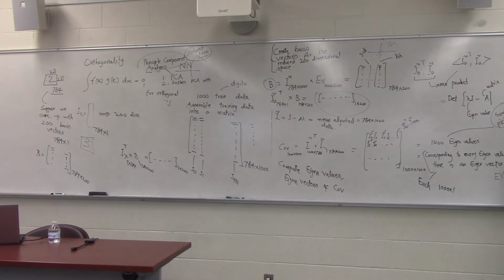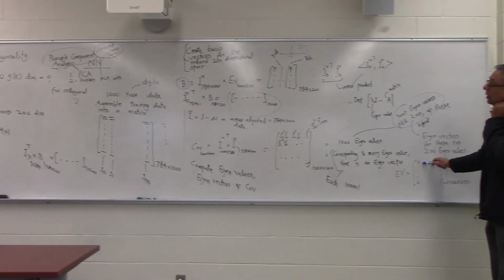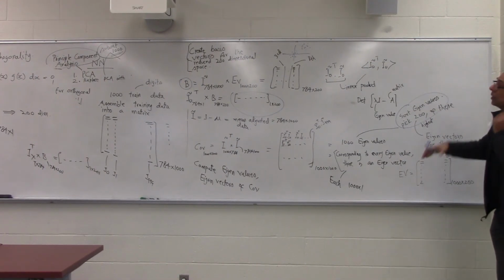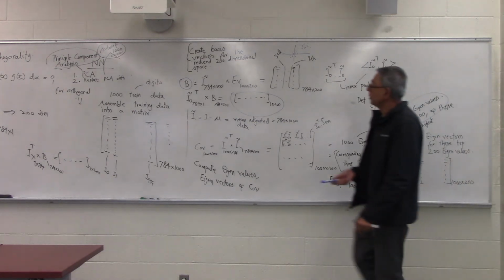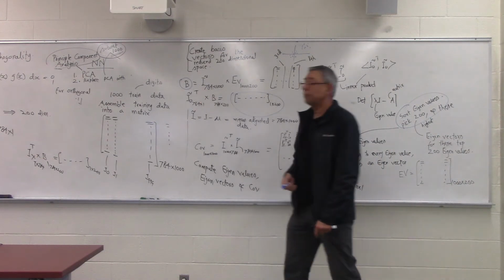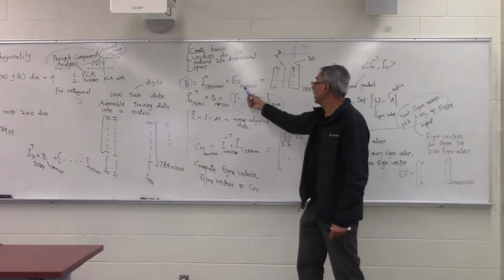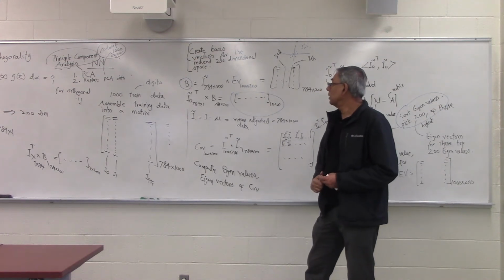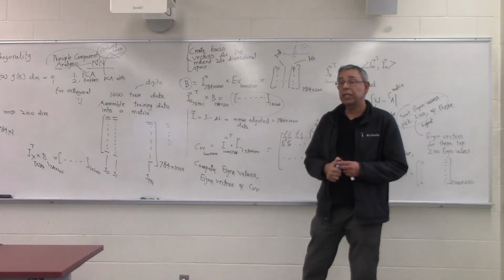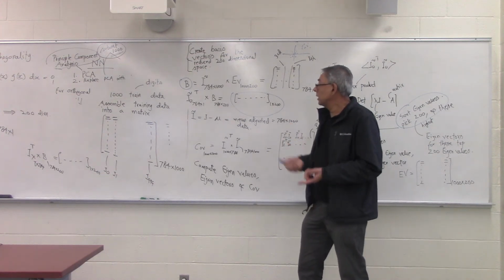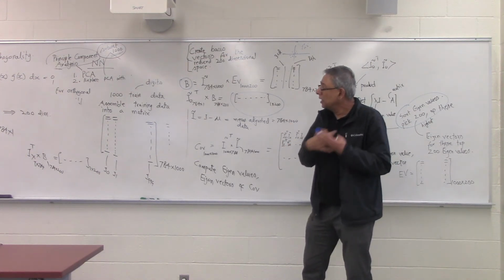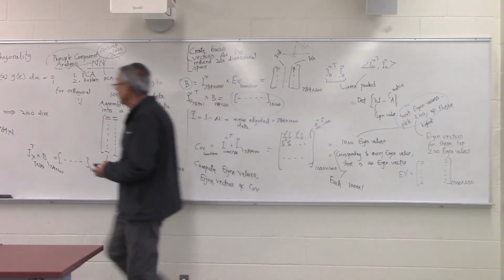Once we have those 1,000 by 200 eigenvectors, then we use that to compute the basis. Take the input data that's given to us, multiply it with the reduced eigenvector matrix, and that gives us the basis. Once we have a basis, extremely simple from that point on.